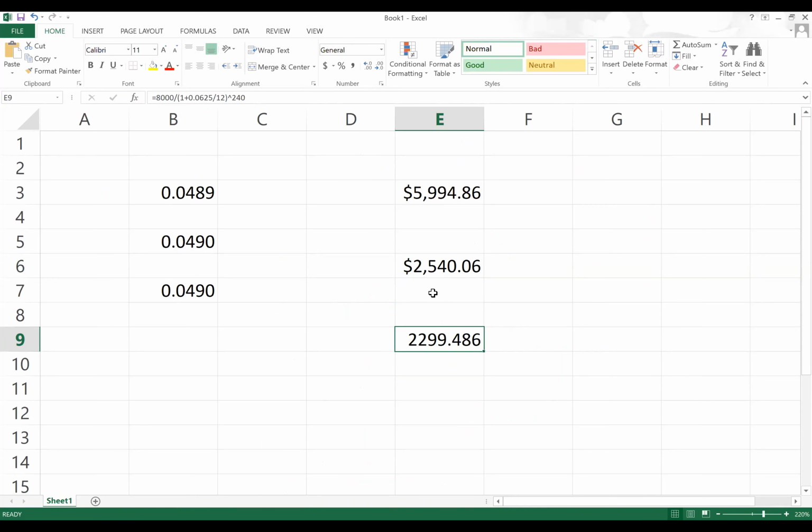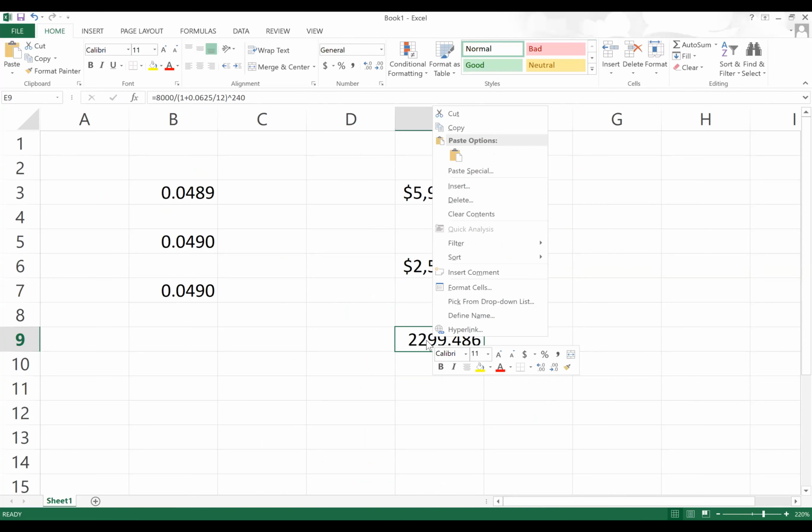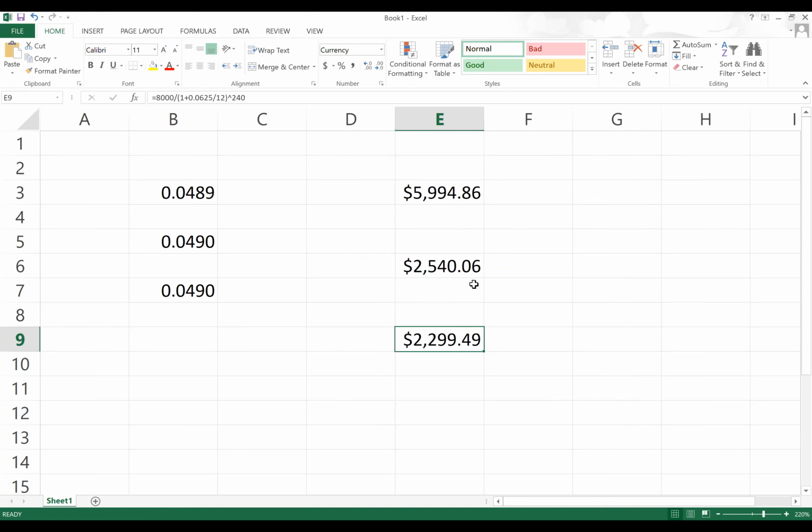So now if you look at it, you only pay $2,299.49 compared to the previous one, where you're paying $2,540.06, meaning you're paying about $245 less, right? Which is a much better deal compared to the previous case.